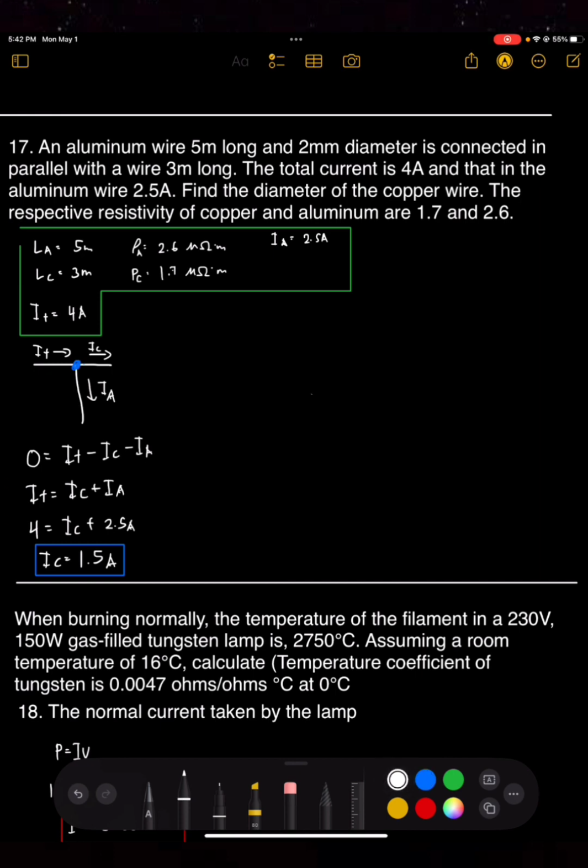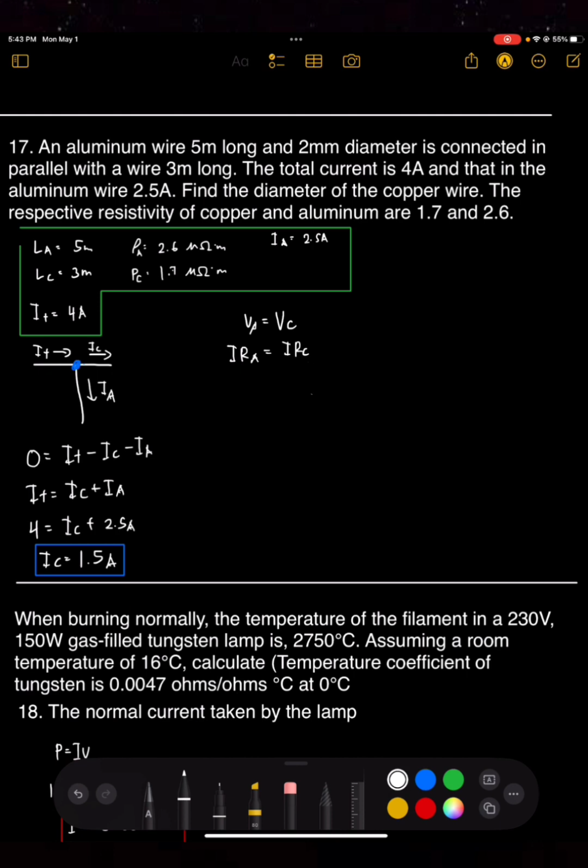Now we'll use the formula V1 is equals to V aluminum is equals to V copper, which can expand into IR equals IR copper.